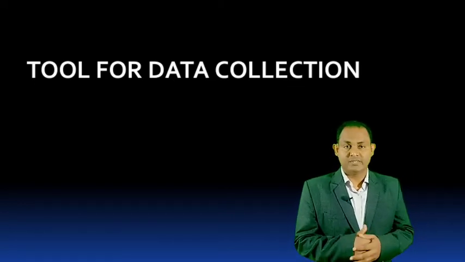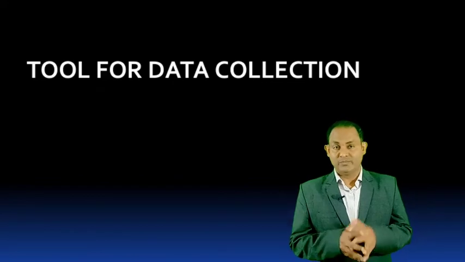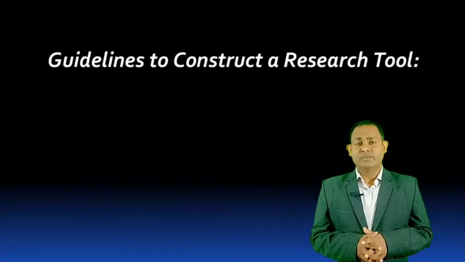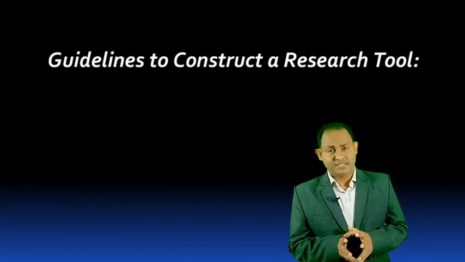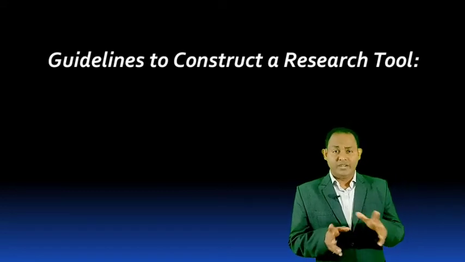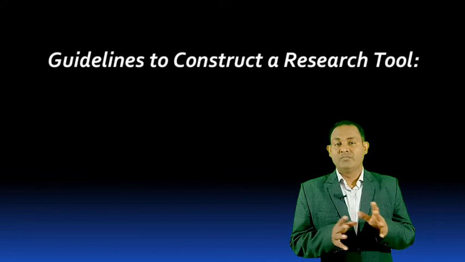Very interesting, and there are also the tools of data collection and research instruments. There are guidelines, and constructing a research tool is very important for this topic. The underlying principle behind the guidelines suggests separate steps. Step one, clearly define and individually list all the specific objectives or research questions for your study.